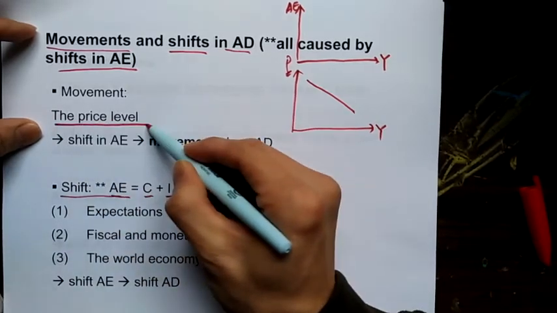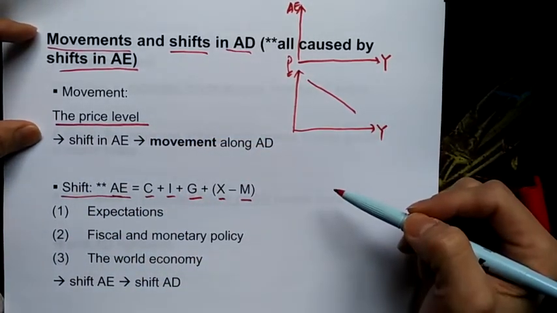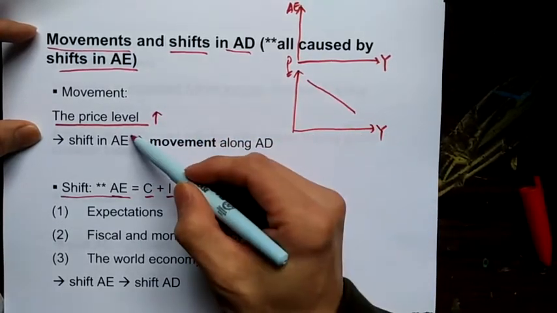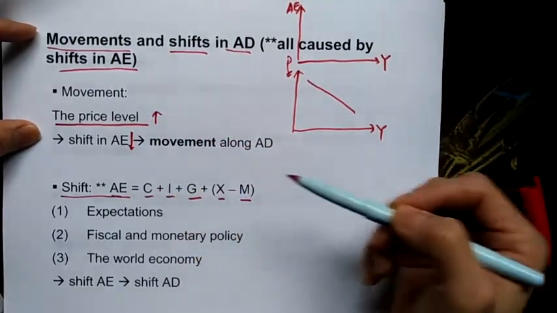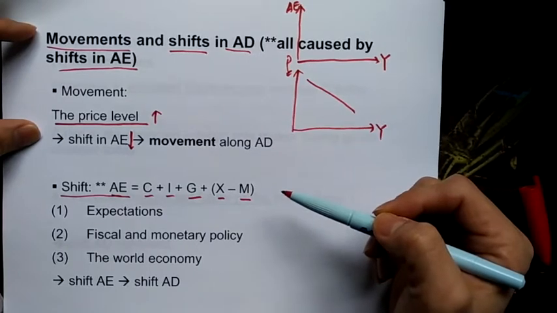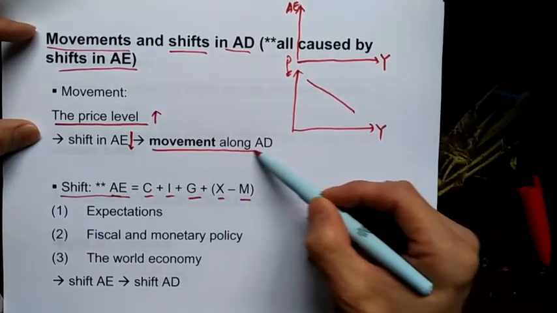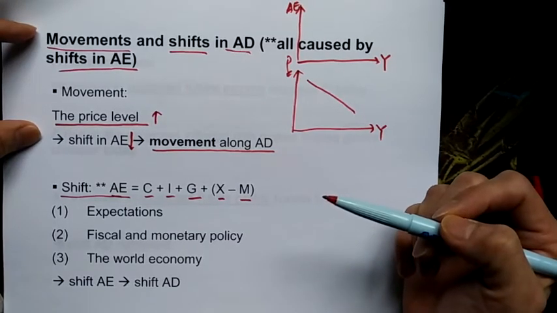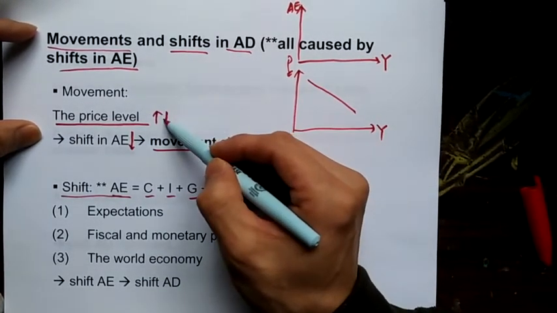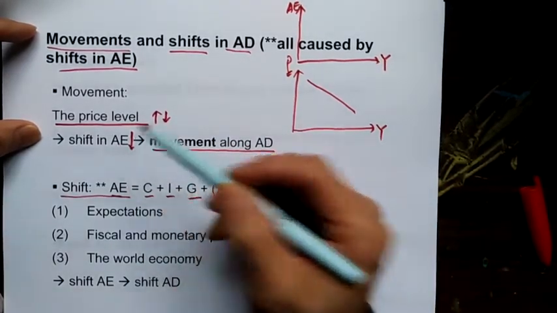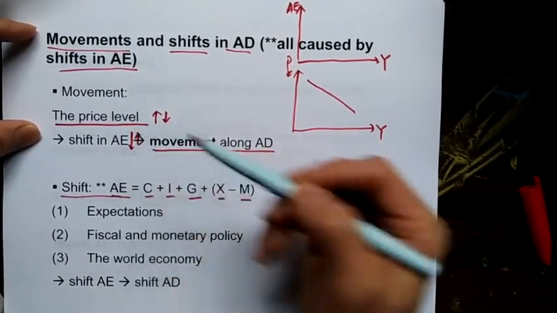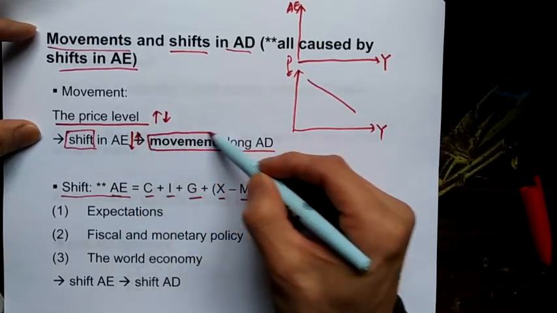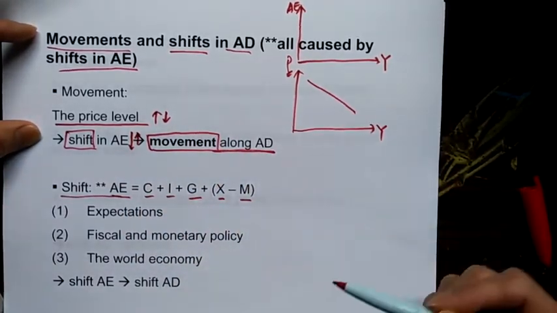So when the price level goes up, the aggregate expenditure function shifts down. That causes a movement along the aggregate demand function. When the price level goes down, the aggregate expenditure function shifts up. That also causes a movement along the aggregate demand function.